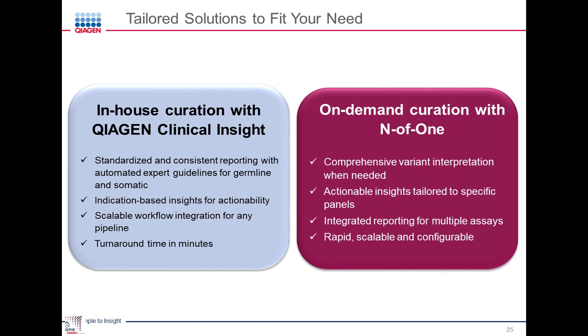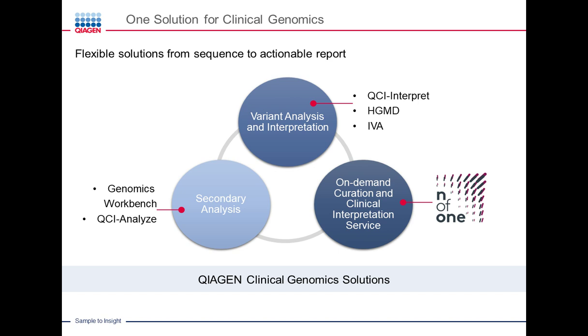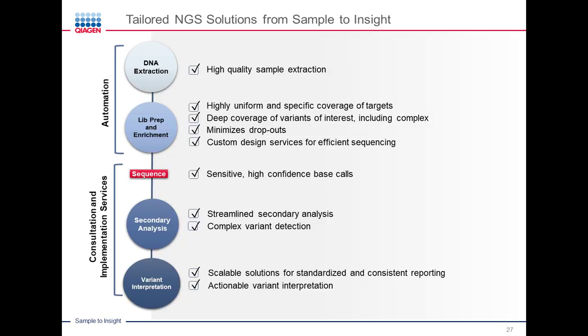providing comprehensive variant interpretation, report writing, integration of results from multiple assays in a scalable platform. The QIAGEN bioinformatics solutions allow the user to proceed from a FASTA file to a clinical report using best-in-class components for secondary analysis using QCI Analyze and the Genomics Workbench, variant analysis and classification using QCI Interpret, HGMD, and Ingenuity variant analysis, and deep, comprehensive, on-demand clinical interpretation from N of 1.